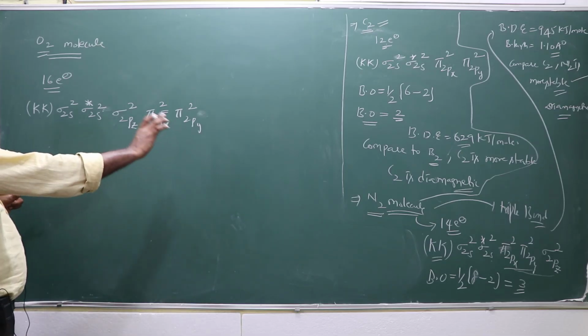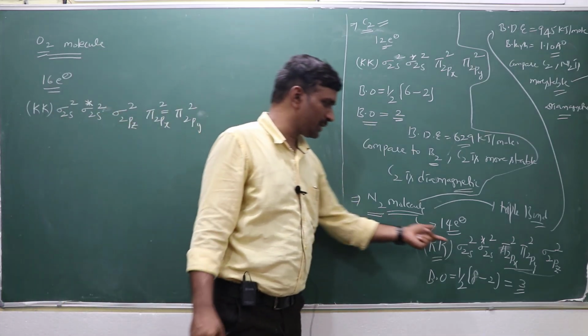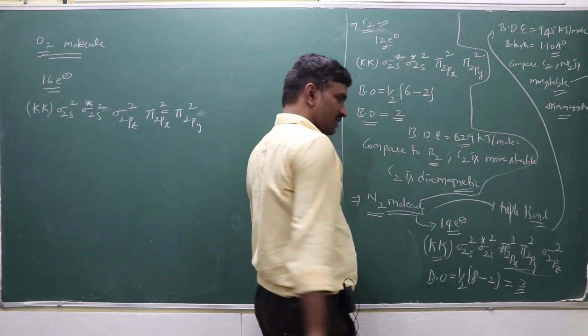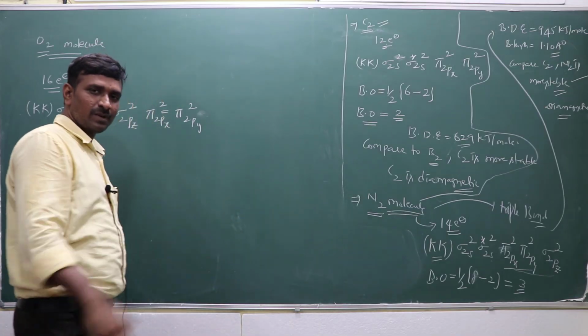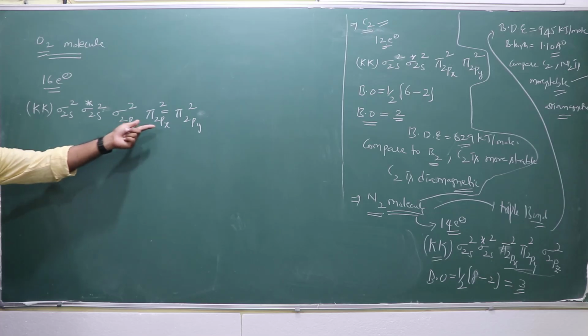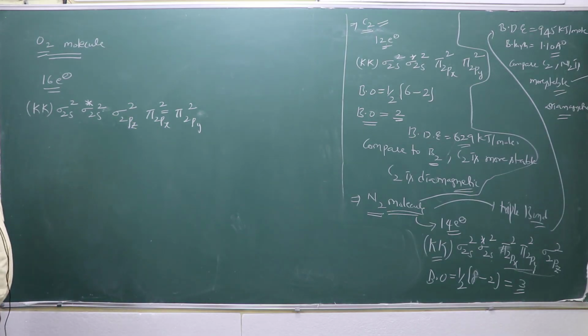So this configuration is slightly different compared to the N2 molecule. Up to N2, the order followed is sigma star 2s2, then pi 2px, pi 2py. After N2, the order is sigma 2pz2, then pi 2px2, pi 2py2.